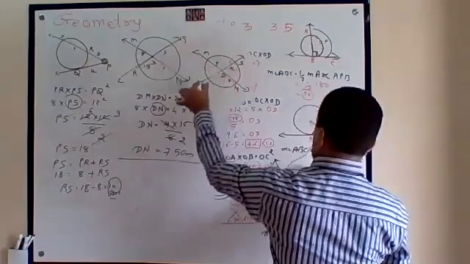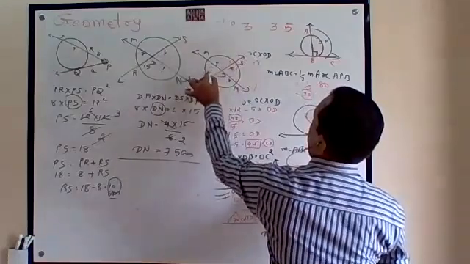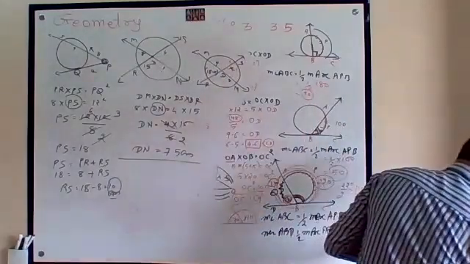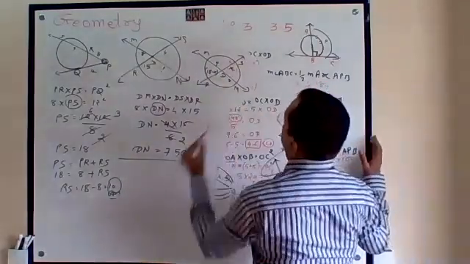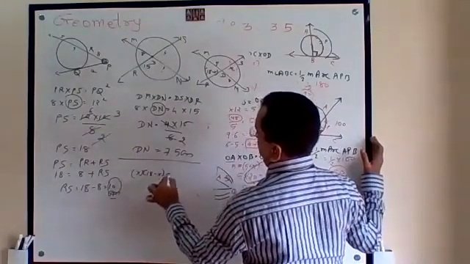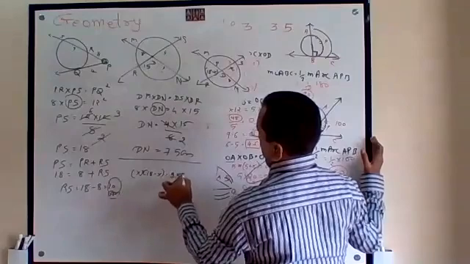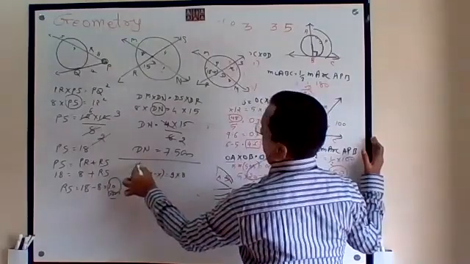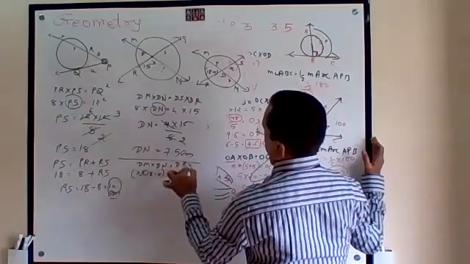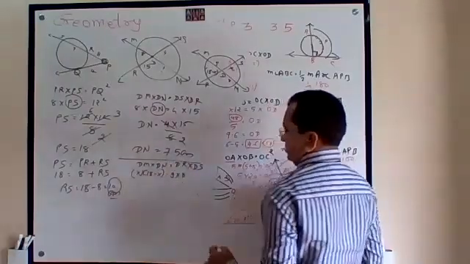Suppose this is X and the total is 18, so this is 18 minus X. So X and 18 minus X, and 9 into 8. You can write DM into DN is equal to DR into DS.